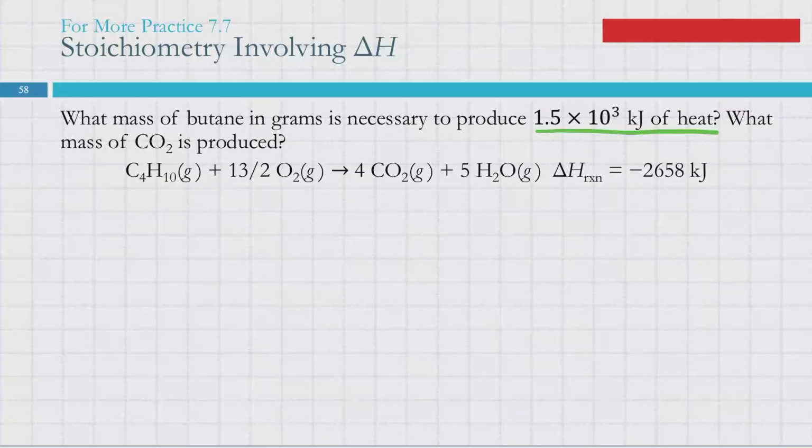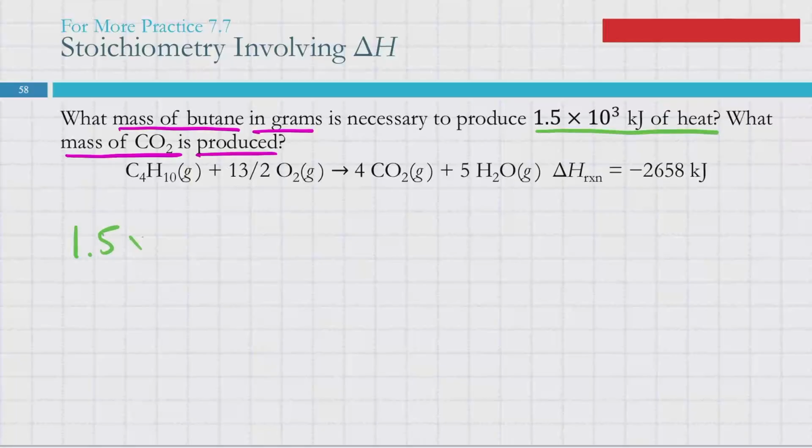The way that it's written, it might feel like we're trying to somehow find heat because that's put second. This frequently happens with word problems where it feels like it's written backwards. So we're starting with kilojoules of heat, and we're finding mass of butane in grams, and we're also finding mass of CO2 that's produced. So we basically got 2 problems that we're solving.